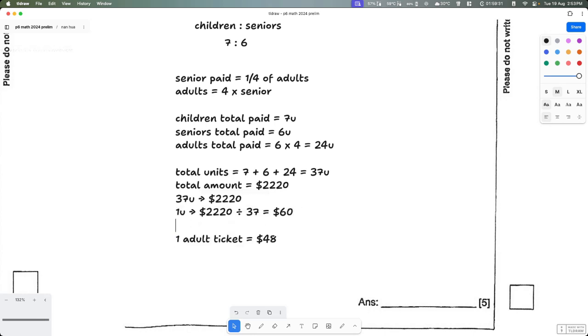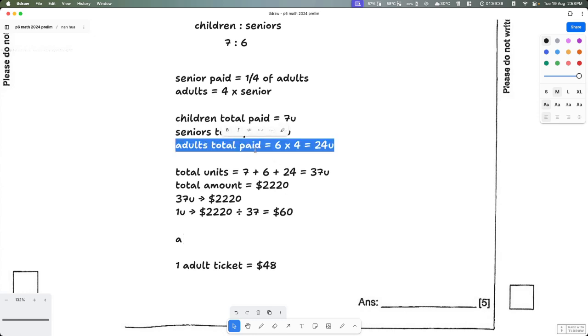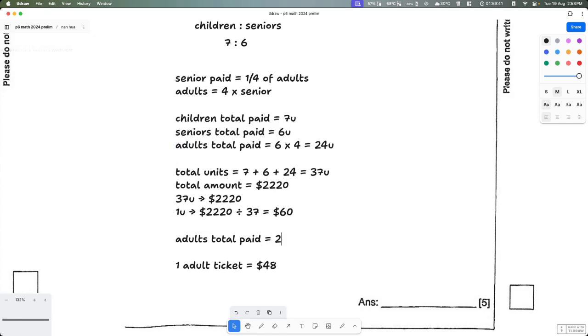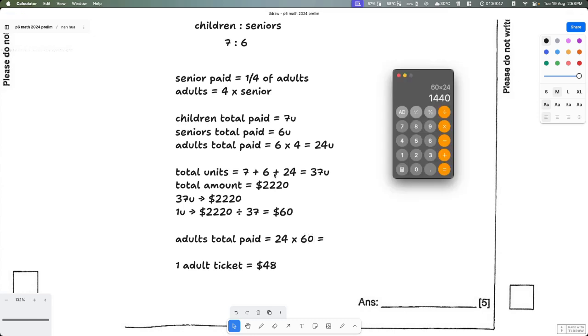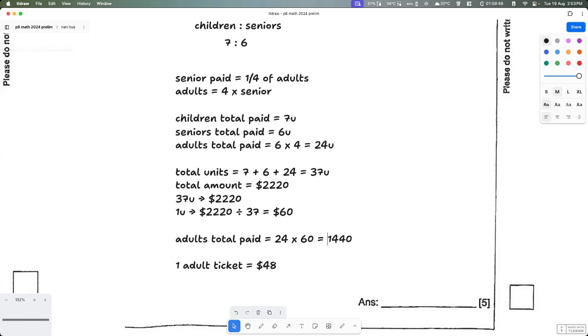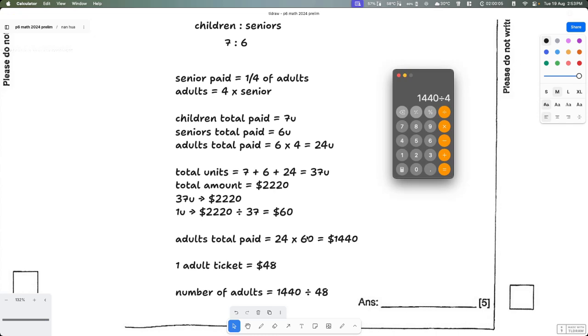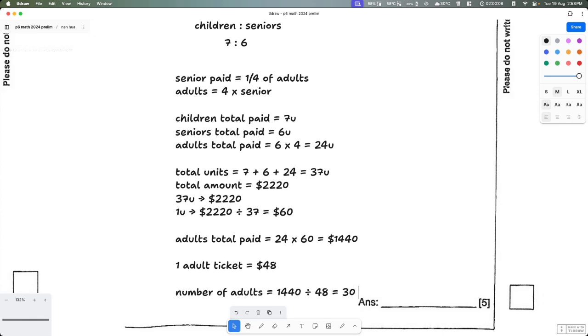So that means adults' total paid is equal to 24 times 60, which is $1440. Okay, so if 1 adult ticket is $48, the number of adults is equal to 1440 divided by 48, which is 30 adults, right?